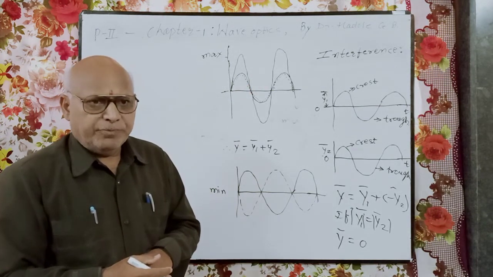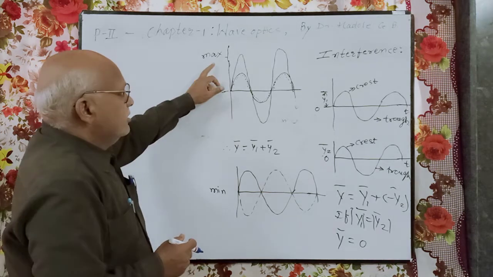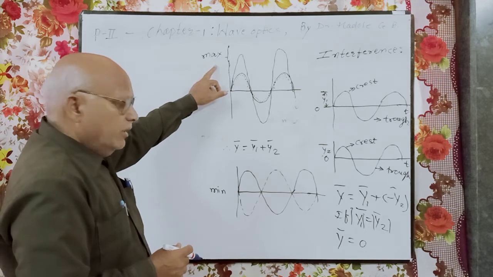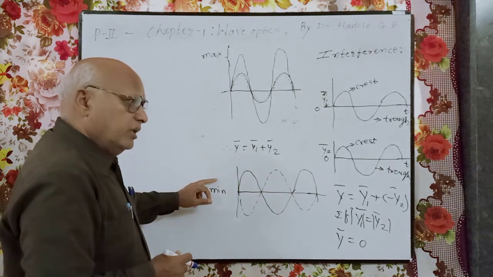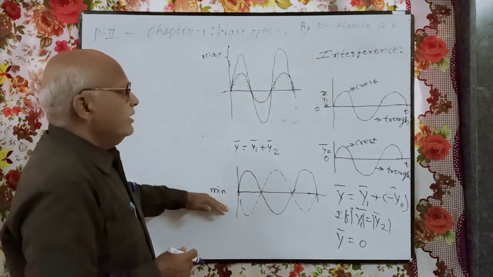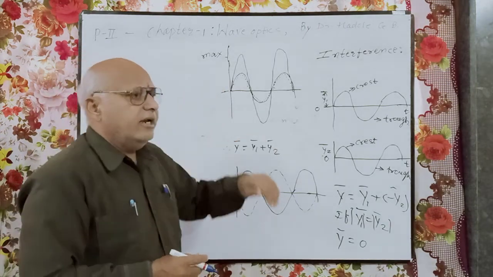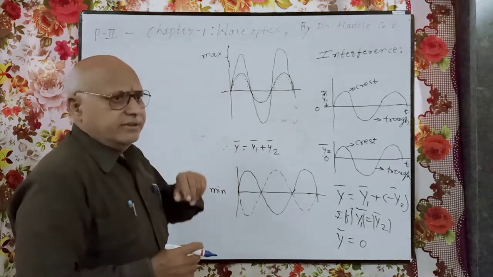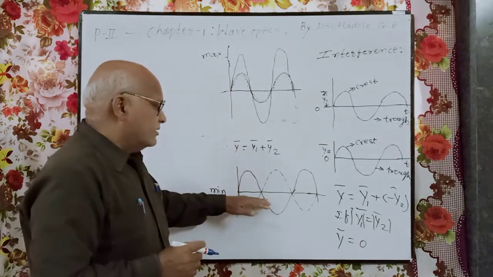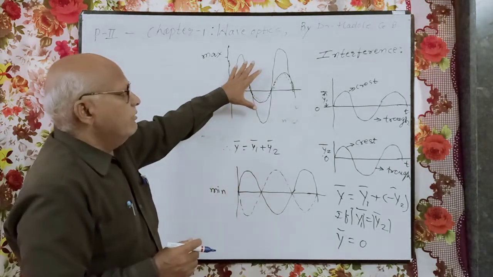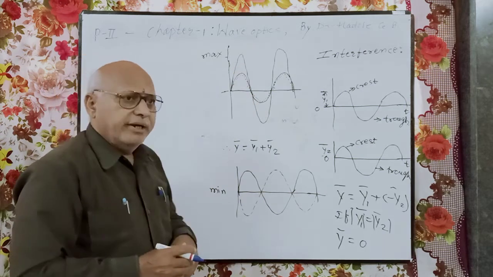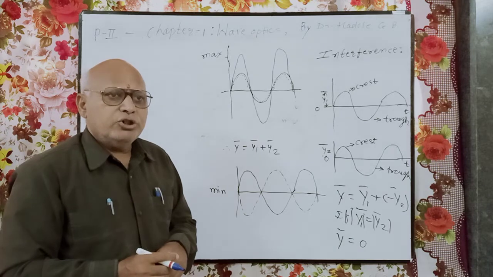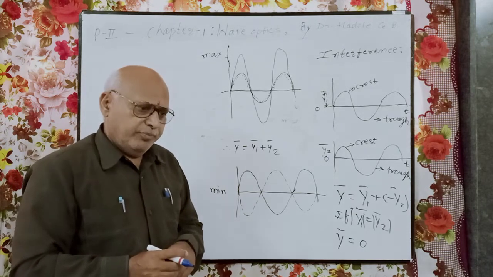Next. Here, the intensity is becoming maximum. Here the intensity is going to minimum. The minimum intensity of light is again recovered in the form of maximum, or cancellation is recovered in the form of enhancement, and therefore there is a redistribution of light energy.